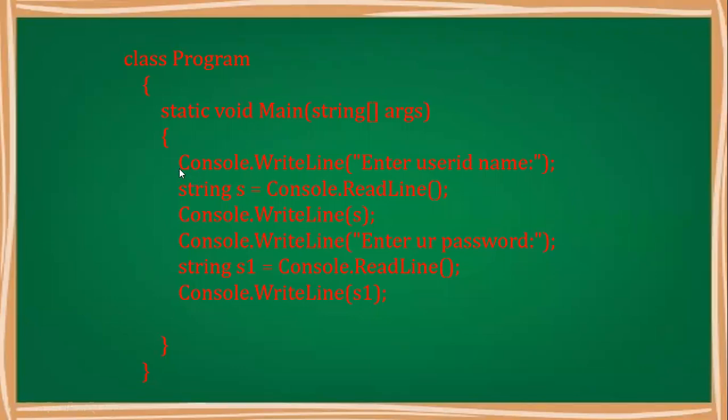Again I am repeating: we have asked the user to enter his name or user ID with the WriteLine method. After that, the screen will wait for the user's input. The user will put the input. Remember the name of the method, the ReadLine method.